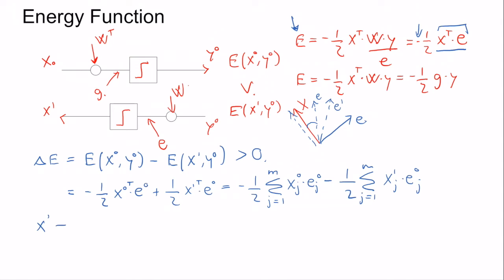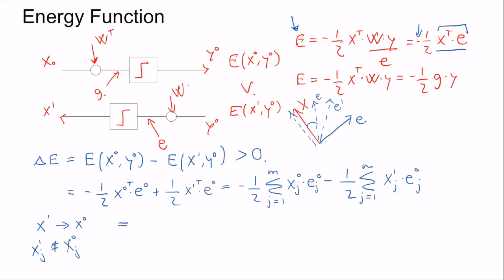And now let's just say that x1 and x0 differ in just one element. They differ from each other in just one element. So let's just say that the element j in x1 is different from the element j at x0. And if the energy is smaller at x1 than at x0 when we change just one element, then it will also hold that the energy is smaller when we change more than one element. So let's just take that the energy is smaller when we change a single element.